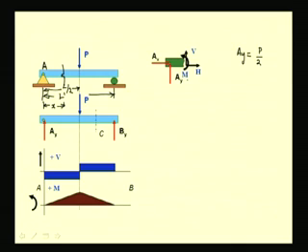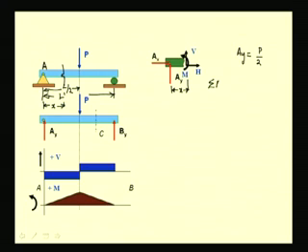So, this is a section at a distance x from A. For equilibrium of this section, we can equate the forces to be 0 and moment to be 0 to find this shear force and bending moment.